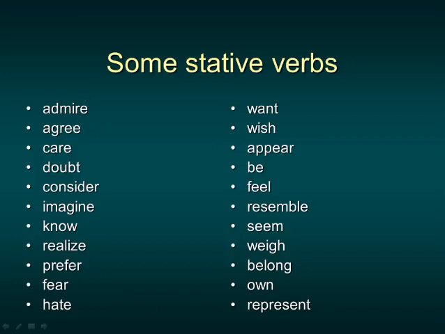So all these verbs most of the time will be used in simple present tense. What are they? Admire, agree, care, doubt, consider. We cannot see this one. You see, fear, it is like electricity. We cannot see that one. However, we are experiencing it. In the same way we experience these feelings. We cannot see this one. You see, imagine, consider, doubt, wish, appear, be, feel, resemble, seem, weigh, belong, represent.